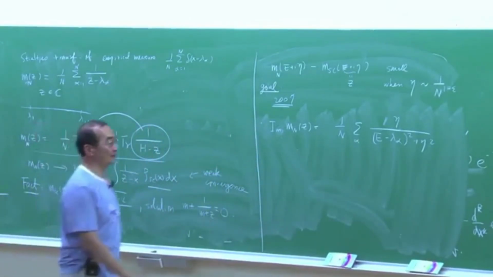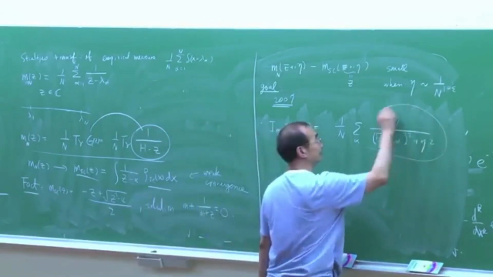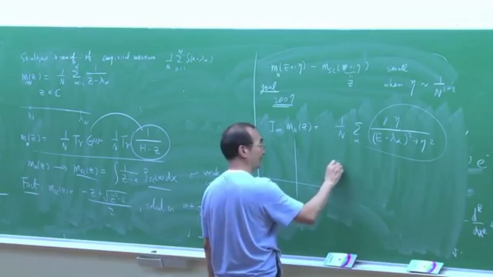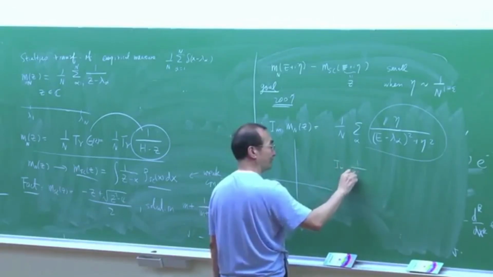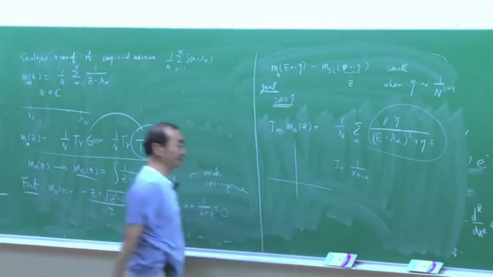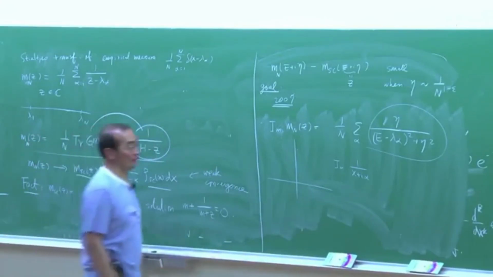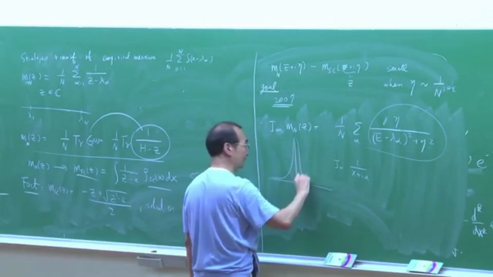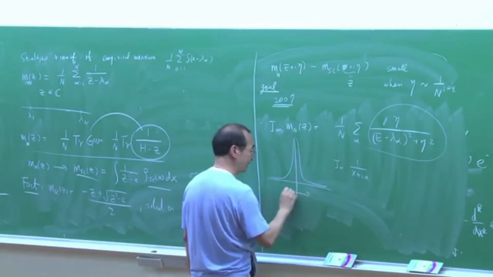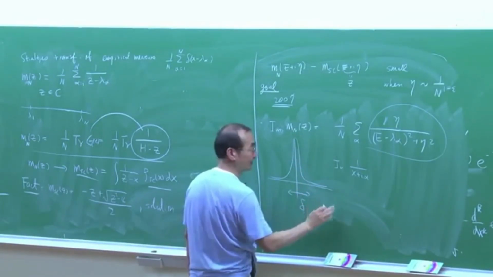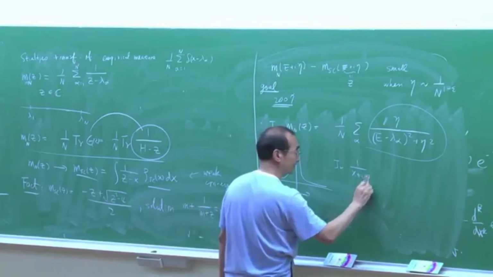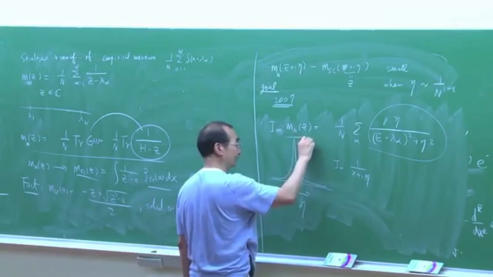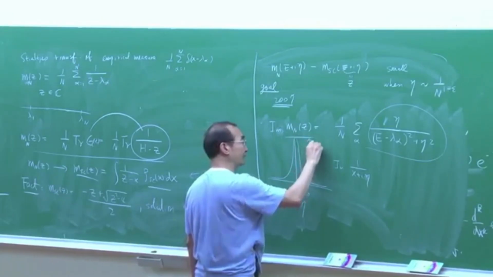So this function is the imaginary part of 1 over (x plus i eta). Imagine it looks like a delta function, the width is eta, and the height is eta to the minus 1.